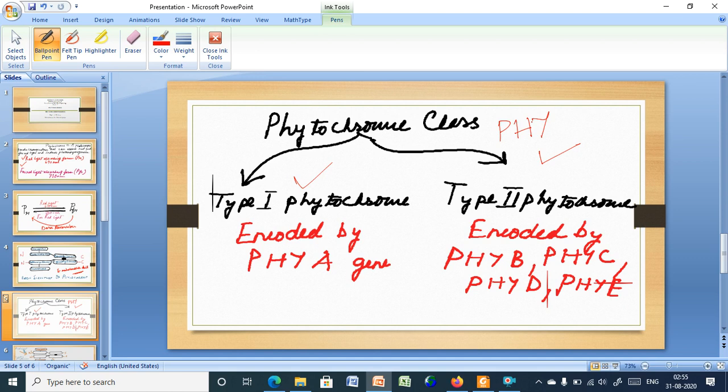And type 2 phytochrome is present at low levels in both light grown and dark grown plants, because its genes are constitutively expressed at very minute levels, and the protein is very stable in the most active, that is the PFR form of the phytochrome.